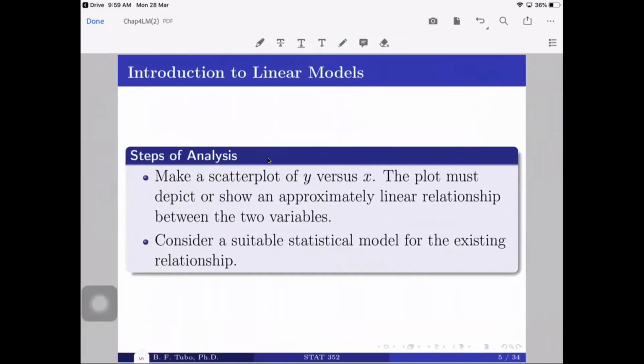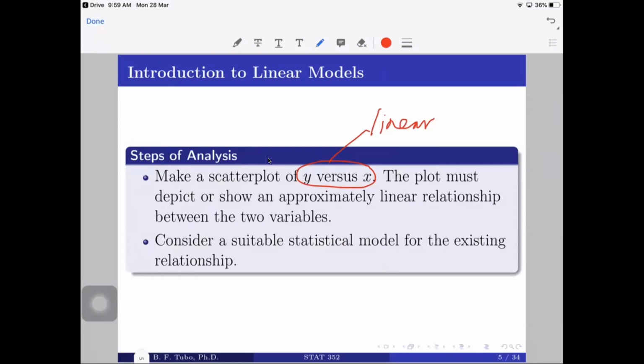So usually when we want to see if x and y have a linear relationship, we can always have a non-linear regression, or the general one is the generalized linear models, which caters to a non-linear relationship between x and y, but you do some transformation.